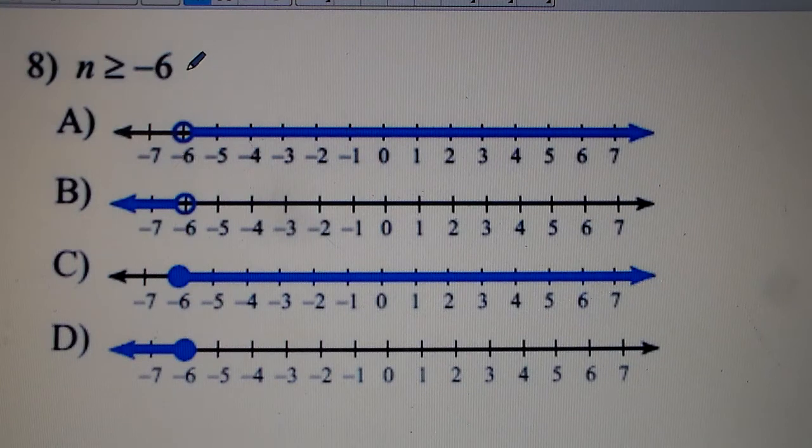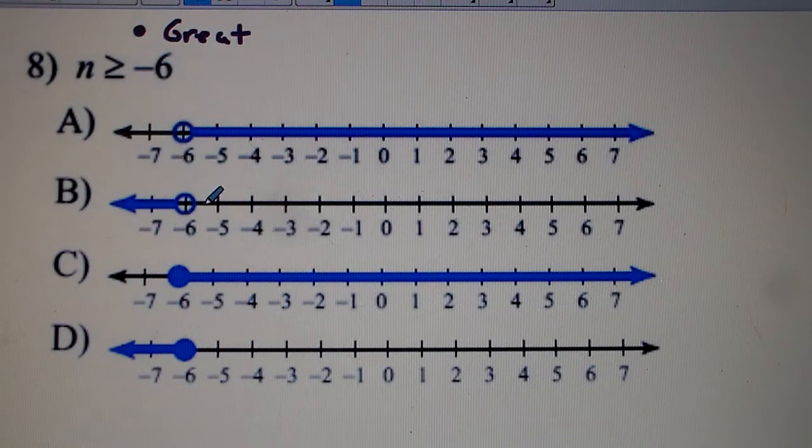We'll do 3 more. So we have N is greater than or equal to -6. So since there's an equal to, we know it's a closed circle. The little Pac-Man guy's eating the variable, so we know it's greater than. And we're referring to -6.